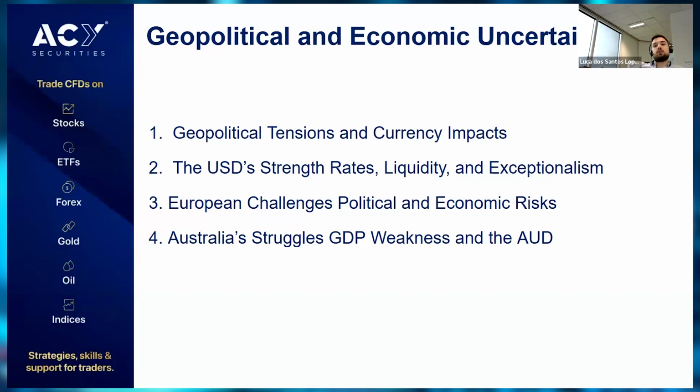We've talked about the NFP as well. The NFP expectation is 212,000 for tomorrow, with a 0.3% monthly average hourly earnings and a 4.2% unemployment rate. My opinion is that yes, we will have similar numbers.